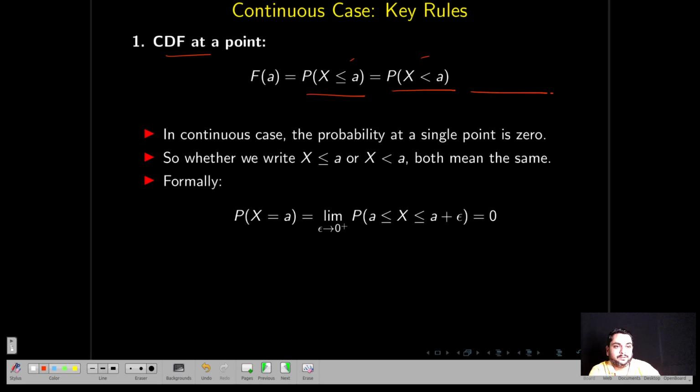But here, on the curve, P of X equal to a and P of X less than a are almost the same. That's why I told you the limit of x tending to some value, a plus epsilon, is always the same as a. That is what they are proving. So in the discrete case it is different, but in the continuous case there is no change. This means the same, with some error. But while solving the problems, we will not consider them as different cases.